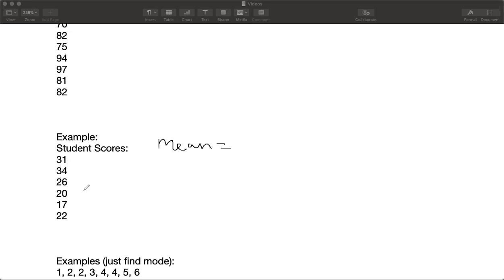When we do 31 plus 34, so on and so forth, we get 150. That's our total once we add them all up. Now there's 6 values here, so we're going to divide it by 6. This gives us a mean of 30, or I'm sorry, 25. I can add and divide properly. 25. So that's our mean, 25.